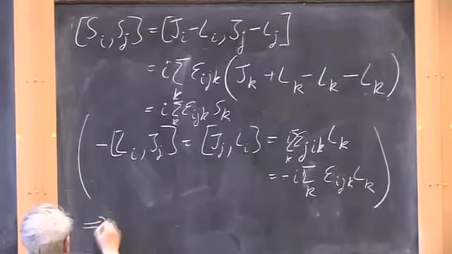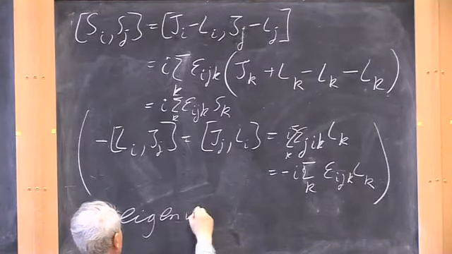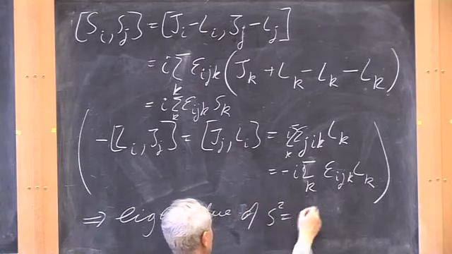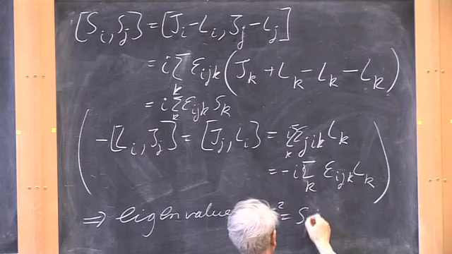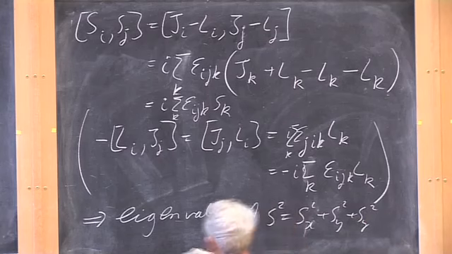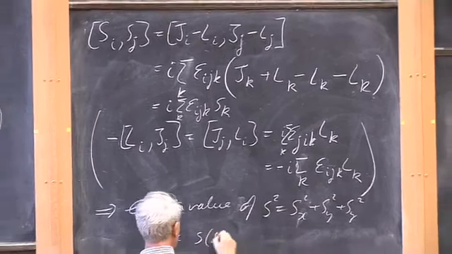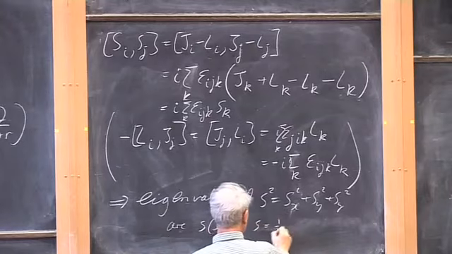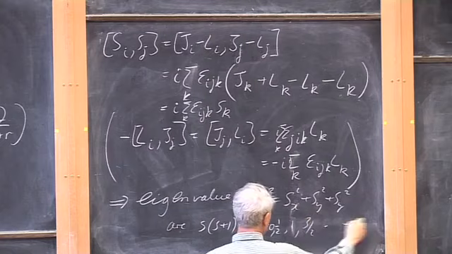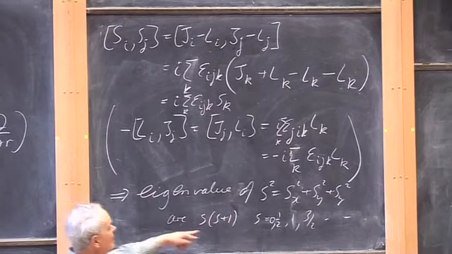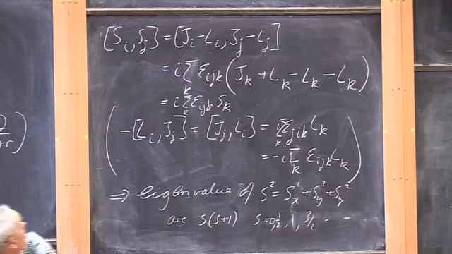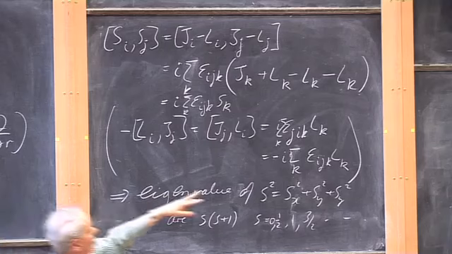So this implies that the eigenvalues of S squared, which is of course Sx squared plus Sy squared plus Sz squared, are s(s+1), where s is equal to 0, a half, 1, 3 halves, and so on. Because these results follow merely from the fact of having the commutation relations [Si, Sj] equals i epsilon ijk Sk.